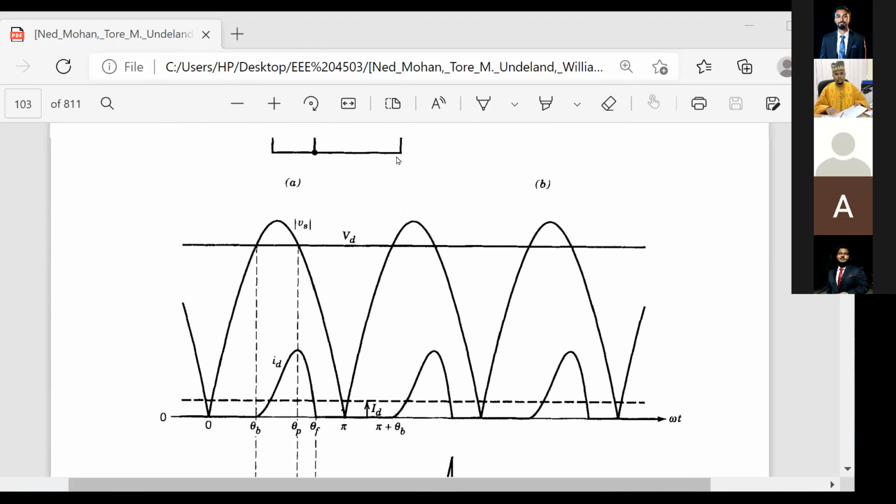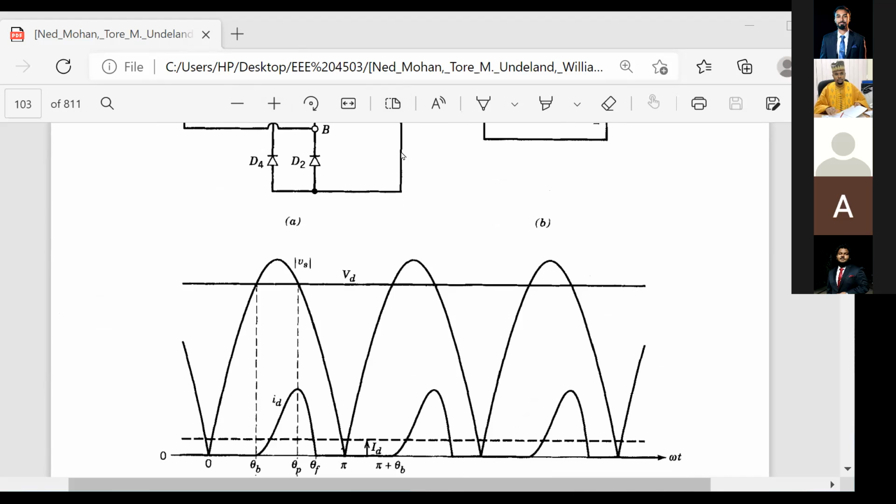So look here. So you understand, right? This is your mod value of the VS. This one. Mod value they are thinking like this. And the VD is the source voltage. What we have already told you.